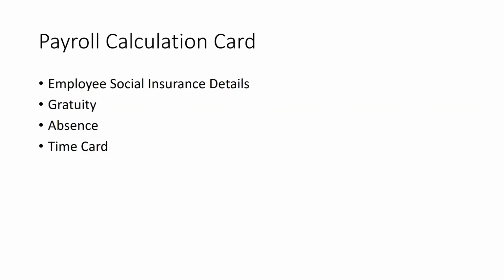So your absence calculation card sits into the element entry if you have an absence configured, and then the time card comes into the picture if you are using the time and labor module. In the time and labor module, if you have an approved time card and that is transferred into payroll, then this time card payroll calculation card gets created.